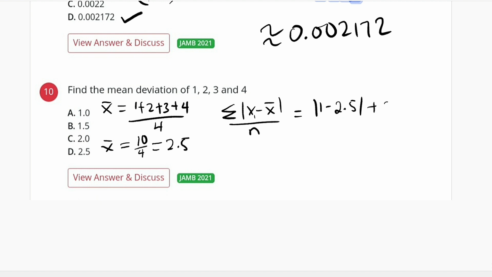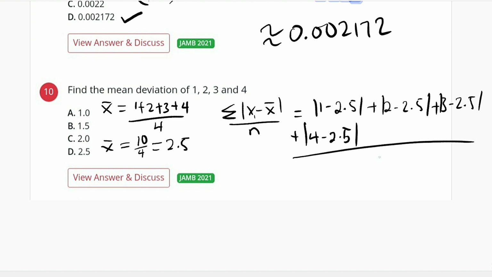Then plus the second one, 2 minus 2.5, plus 3 minus 2.5, plus last one, 4 minus 2.5 in an absolute form. The whole of them divided by n, and n is 4.